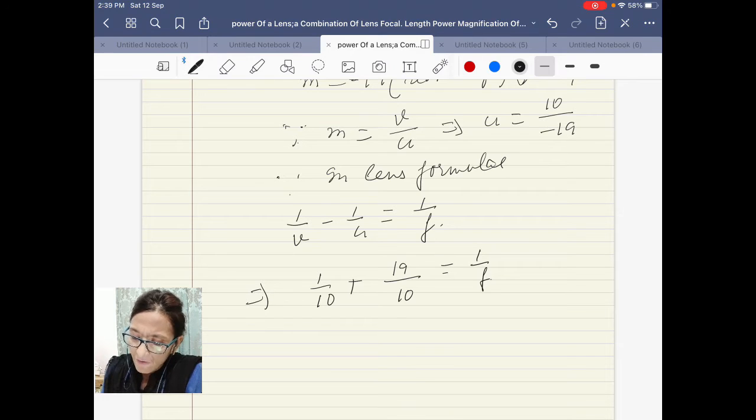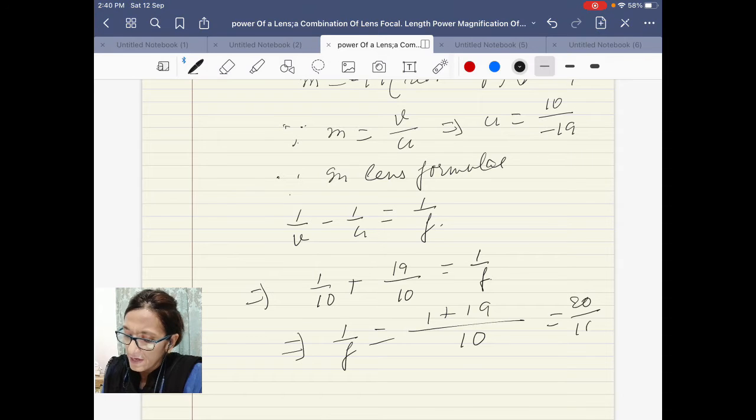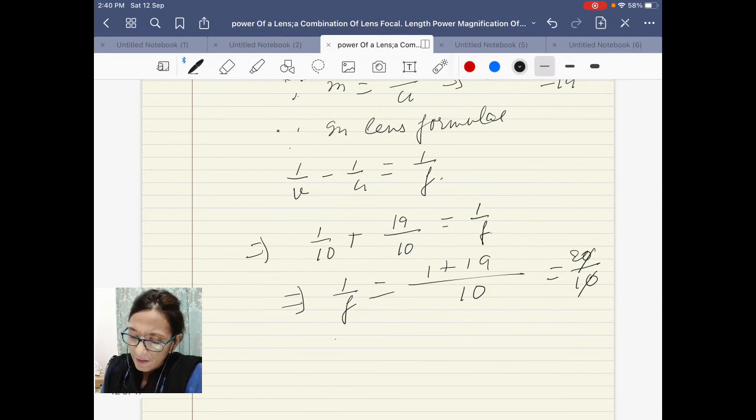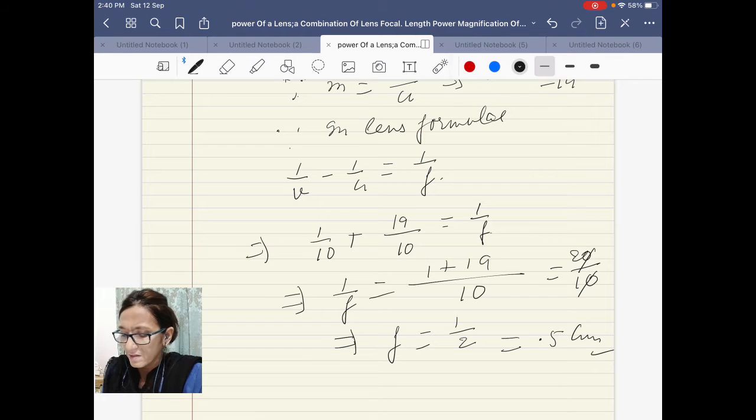So 1 by F is equal to this much. Therefore 1 by F is equal to, let me take LCM, 1 plus 19, and this is your 20 upon 10, and therefore F comes equal to 1 upon 2. This is your 0.5 centimeter.